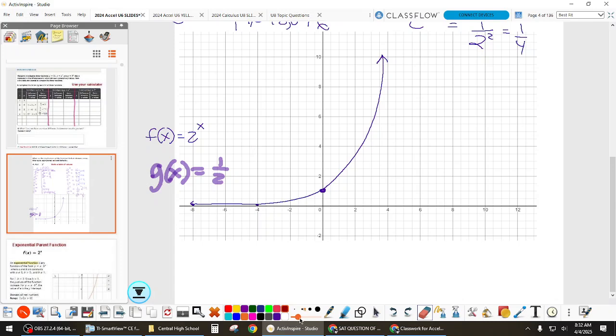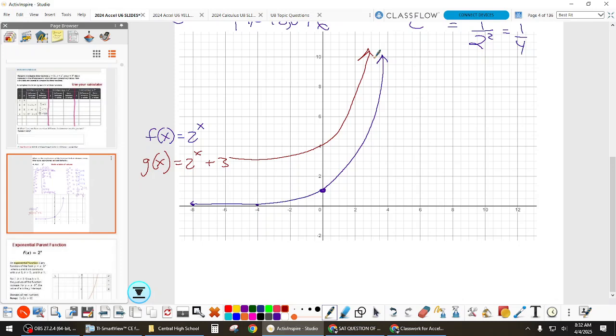Adding. Okay, so if we do 2 to the x plus 3 out there at the end, that shifts this whole thing up, and now we have a horizontal asymptote here, and our new y-intercept would be 4, right?